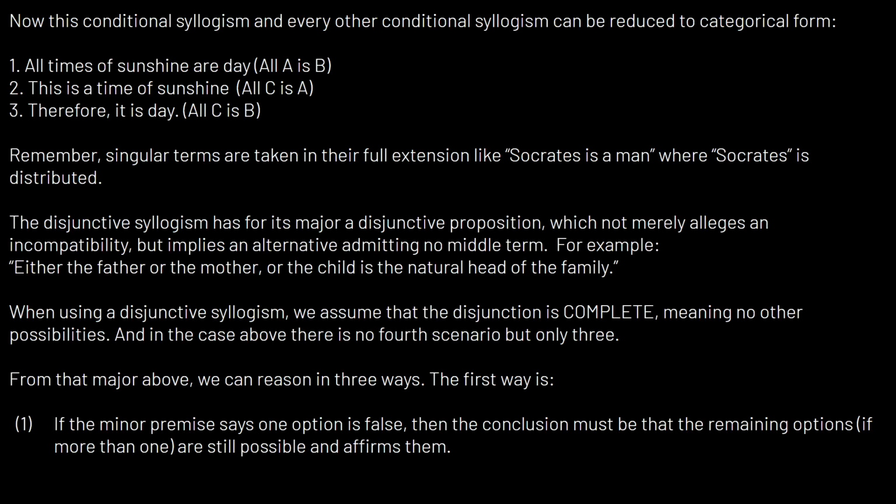When using a disjunctive syllogism, we assume that the disjunction is complete, meaning no other possibilities, and in the case above, there is no fourth scenario, but only three. From that major above, we can reason in three ways. The first way is, if the minor premise says one option is false, then the conclusion must be that the remaining options, if more than one, are still possible, and it affirms them, right?